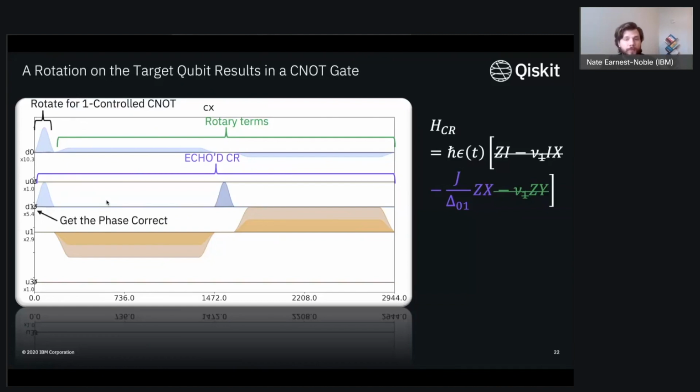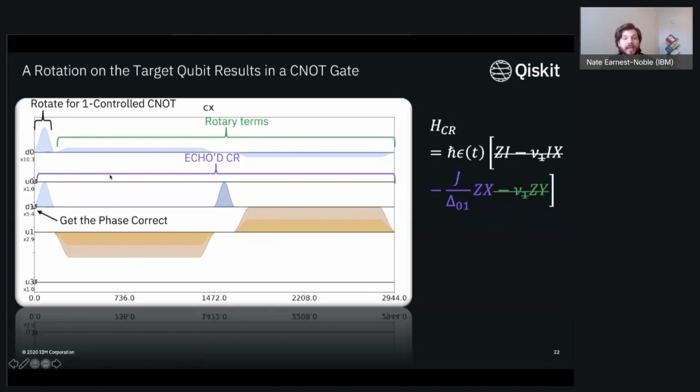I want to say here that this isn't actually the most up-to-date two-qubit gate based on a cross-resonance interaction. Namely, recently IBM published some work in which you can do what's called a direct CX gate. The direct CX gate actually uses some improved control techniques within the cross-resonance tone, such that you don't need to have these echoed terms, while you can still remove the ZI or the IX type interactions.